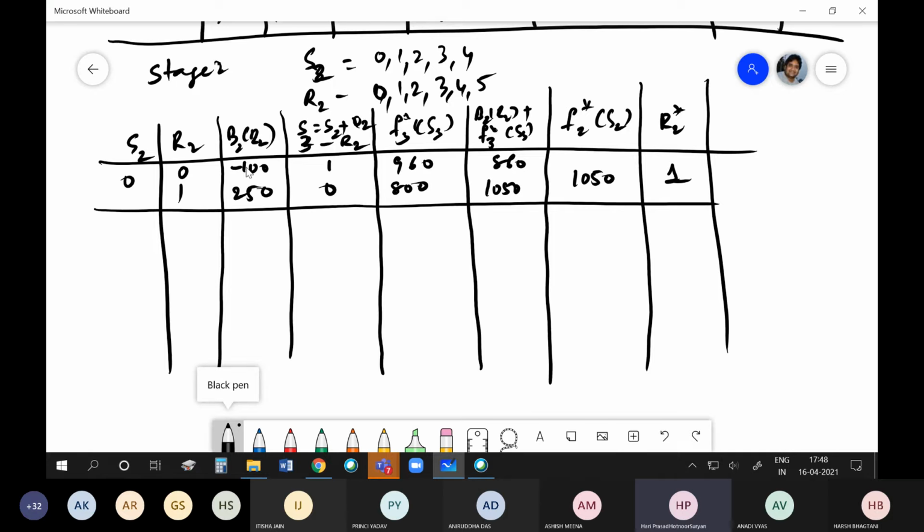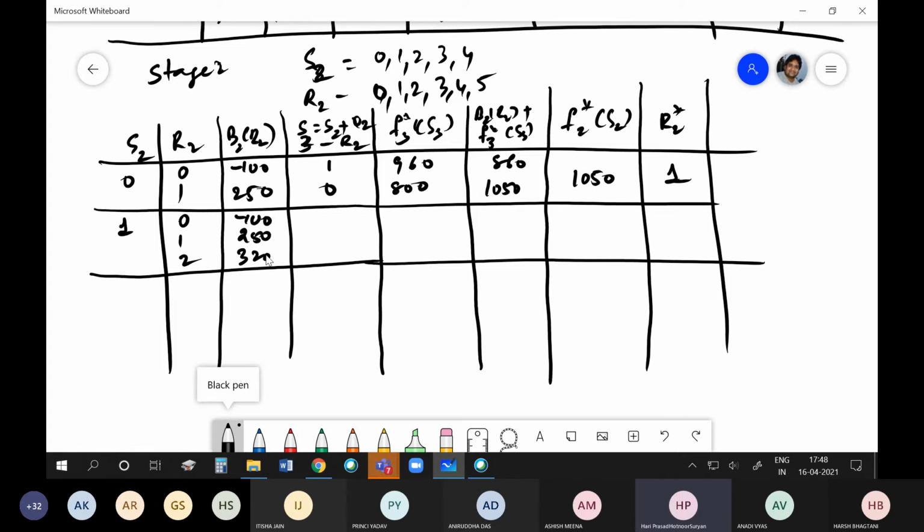Basically I have added these two and taken the maximum because I have to maximize the benefit. Similarly, when my S2 becomes 1, the possible values of R2 are 0, 1, 2. Here minus 100, 250, 320.